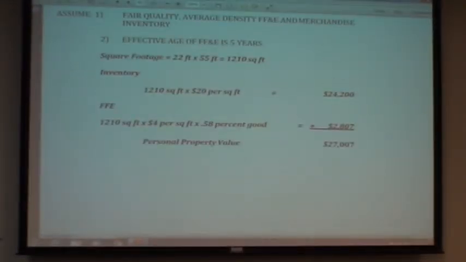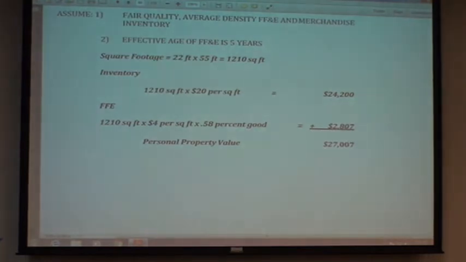So we're gonna take the 1210 times 4 times 58% good, or 2807. These are just a matter of looking at the chart and making sure you look at the right boxes. Make sure if the inventory's fair quality average, but the fixtures is good quality average, you get the right column, the right box. Because if you get the wrong column, wrong box, whole nother answer, okay?